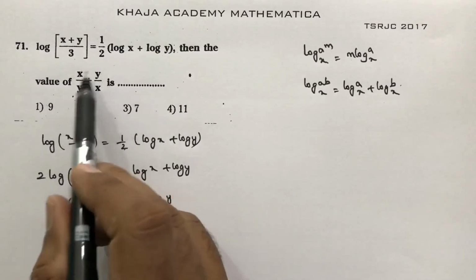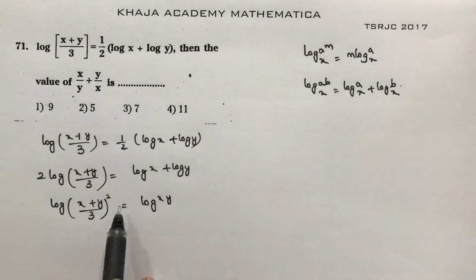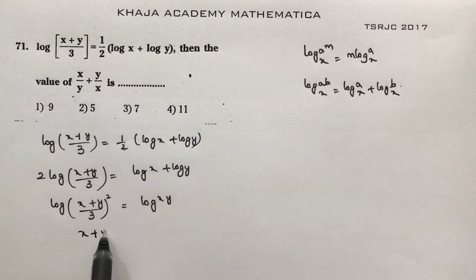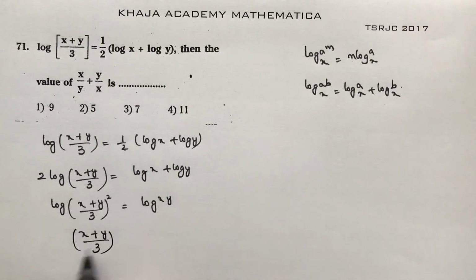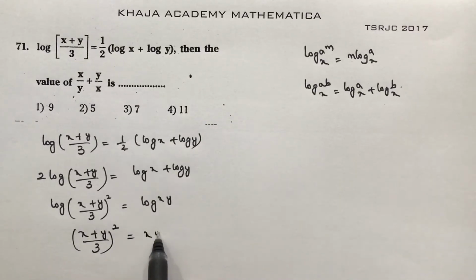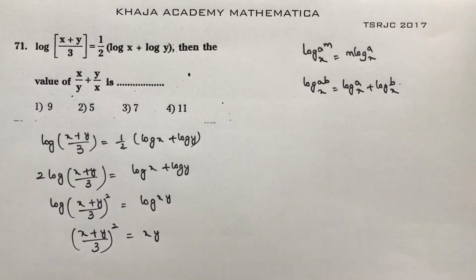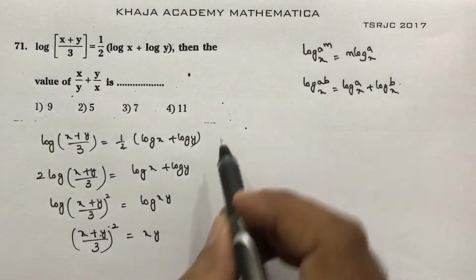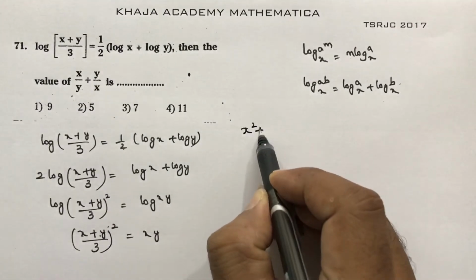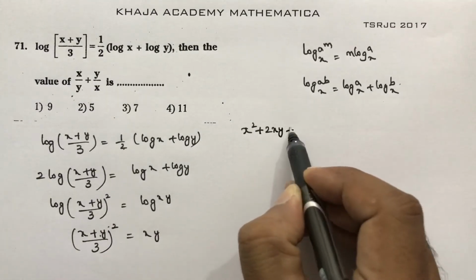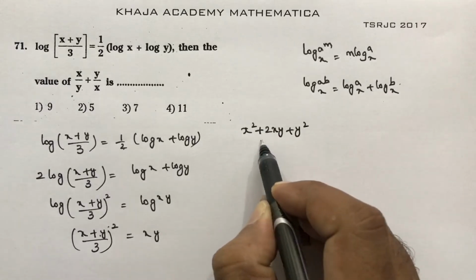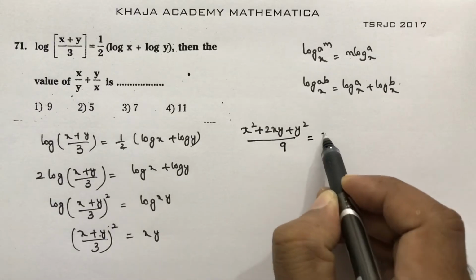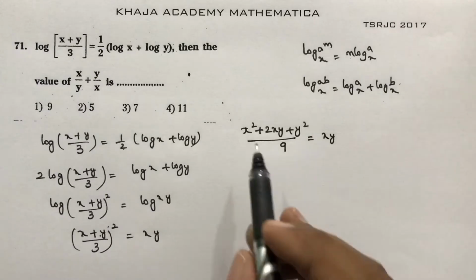Now on comparing, because we need to find x/y + y/x and here I don't have the logarithm, I'll compare these two values. So I'll get ((x+y)/3) whole square equals xy. Now if I expand this, (a+b) whole square, so (x square + 2xy + y square)/9 equals xy.